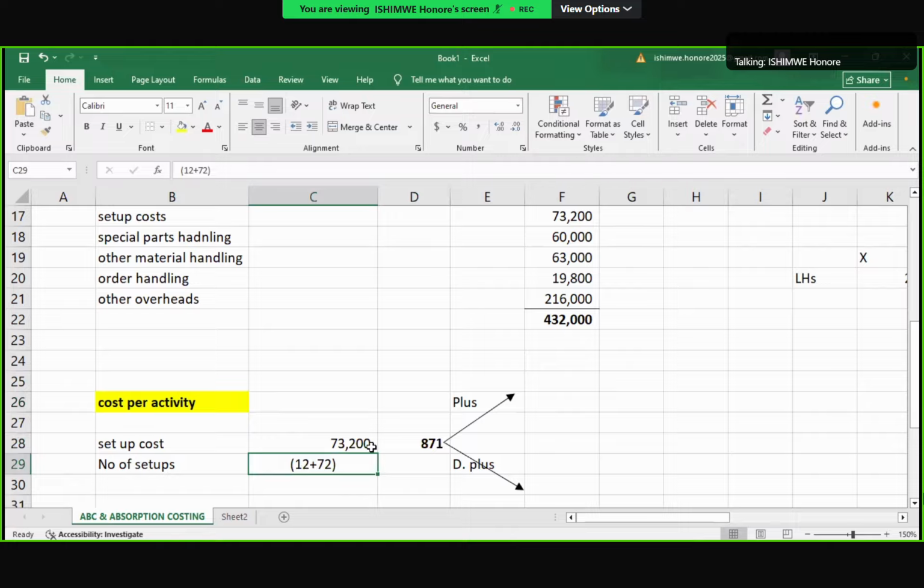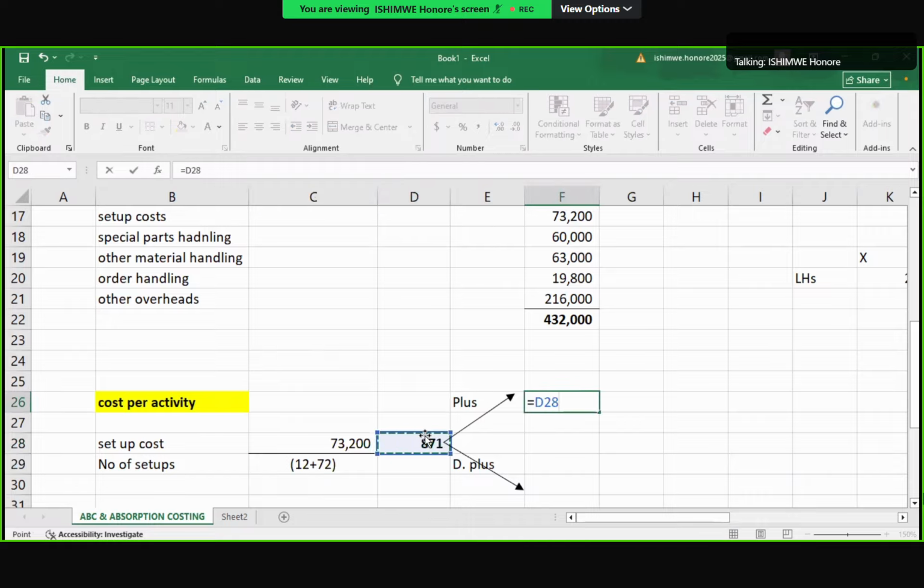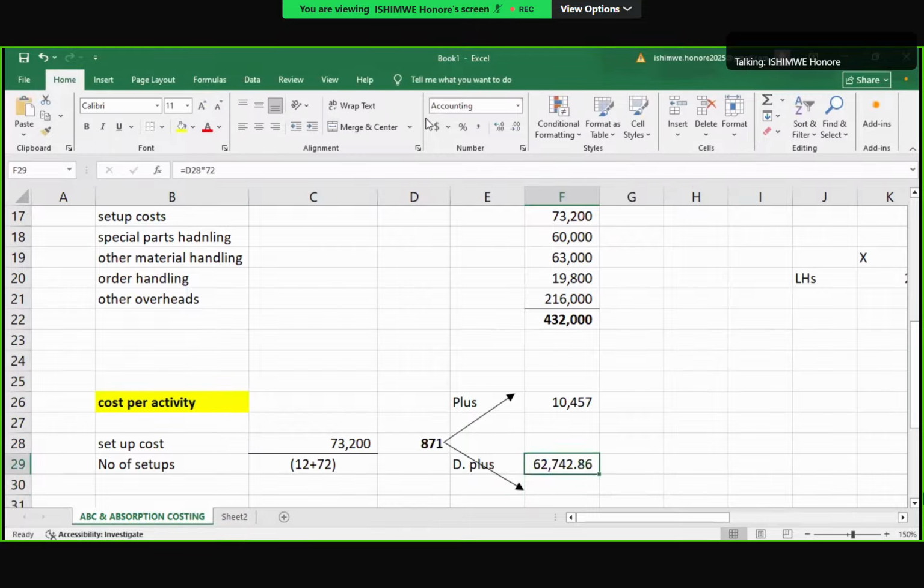Plus is 12. Then I get 871 times this 72, so that is what goes in double plus. This 72 here, 72 here, 72. I get it.